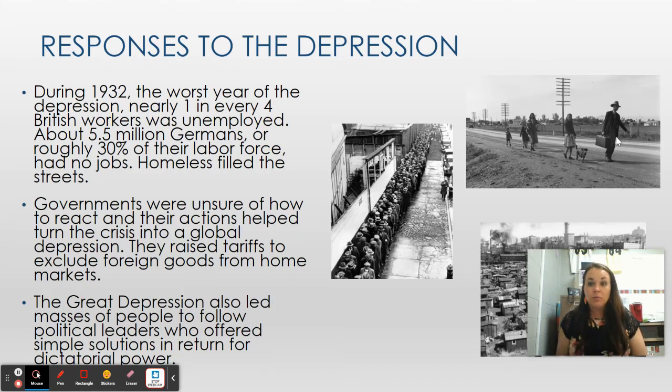And of course, people are looking to the government because, hello, it's a time of crisis. Like, what are you going to do? And this is why during World War II, I kind of honed in on that total war component of it, because I want you guys to understand that when you have a time of crisis and you start to ask the government, what are you going to do to fix my issues, my problems, that gives the government more power over your life.